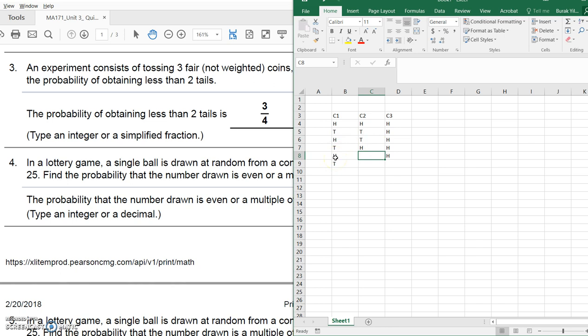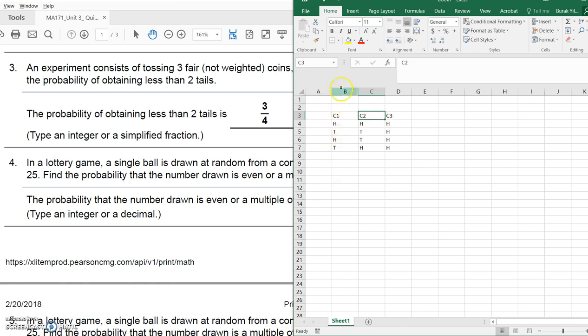And I believe that is all. Yes. So coin 1 has 2 possibilities. Coin 2 has 2 possibilities. Coin 3 has 1 possibility. So 2 times 2 times 1, that makes 4, is our sample space.